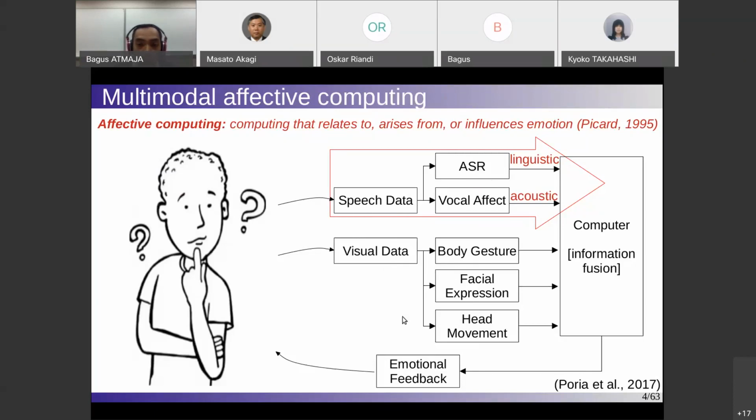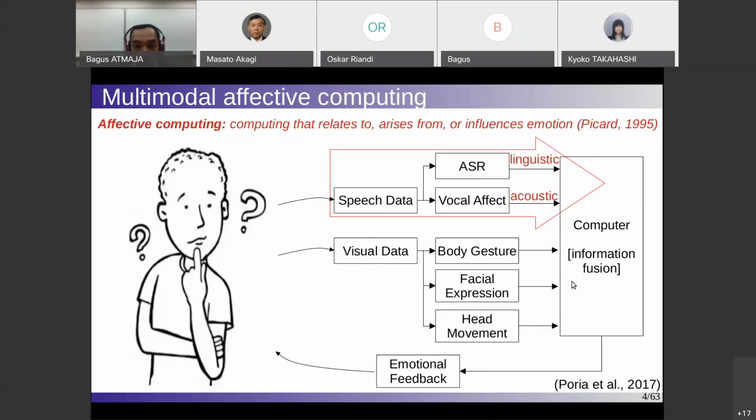Instead of using single or unimodal information, we can combine all of the information. This is called information fusion: the fusion of information from different sources or sensors. In this case, the acoustic feature extractor and linguistic feature extractor act as soft sensors.